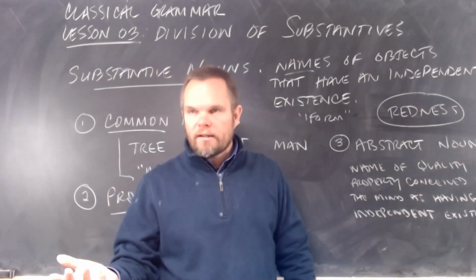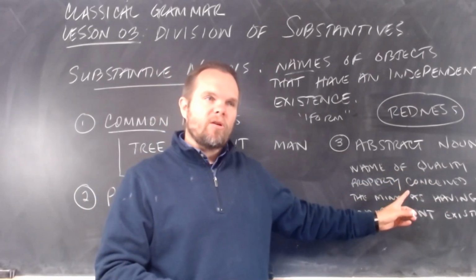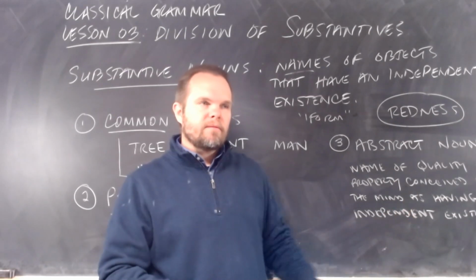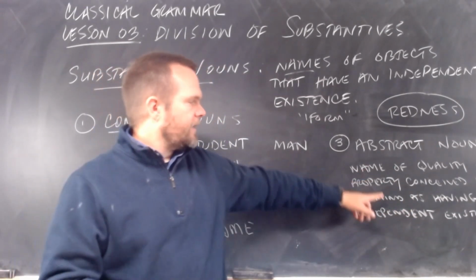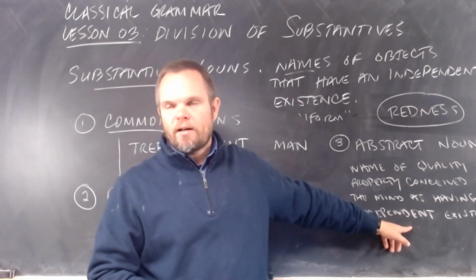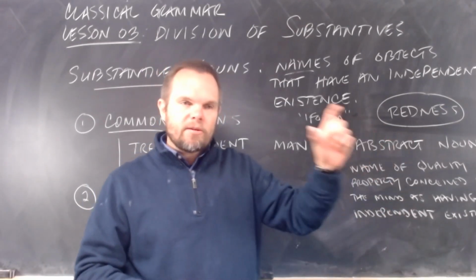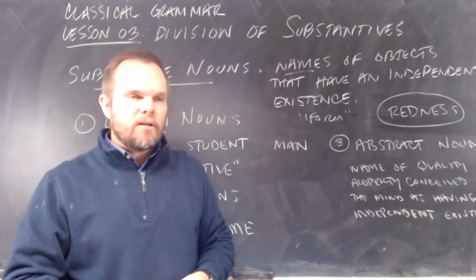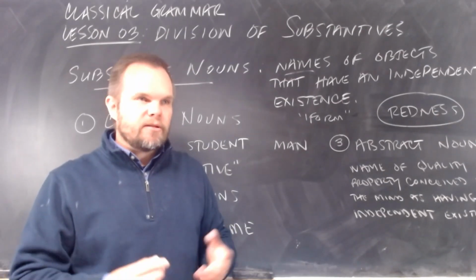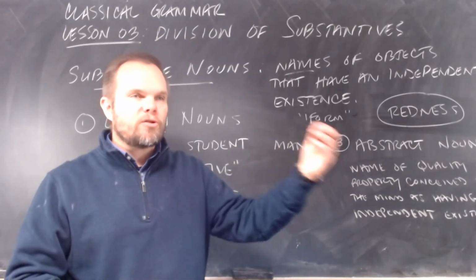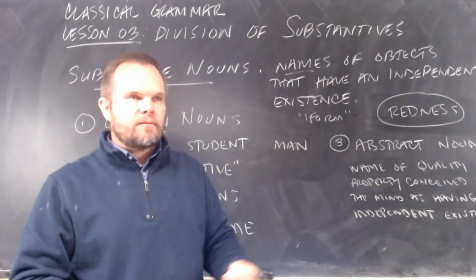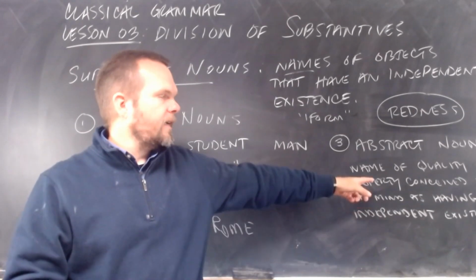Tall is a quality, but that's not what this is talking about. Tall is a name that cannot exist by itself. Tall has to be joined to an object to exist in speech or thought. We have to say tall tree, tall man. Tall is not an abstract noun.